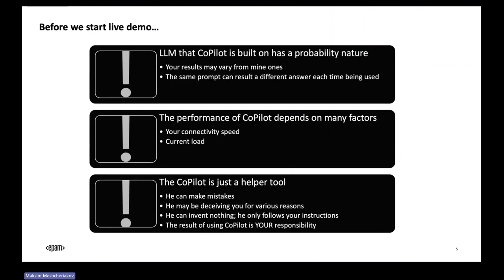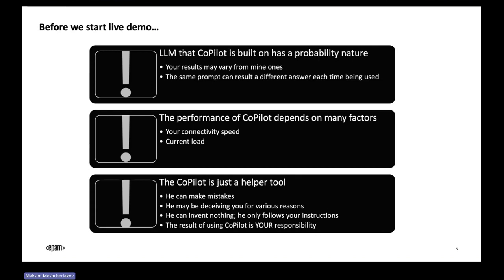So let's see. And the very important thing I would like to point your attention to: the Copilot is just a helper tool. As I said, it's not a substitution for a developer. It can make mistakes. It may be deceiving you for various reasons. It can invent nothing. It only follows your instruction.